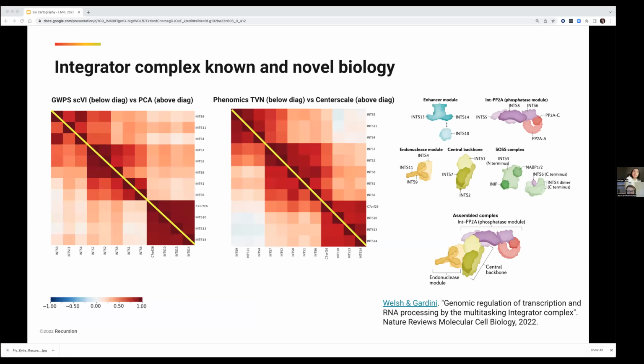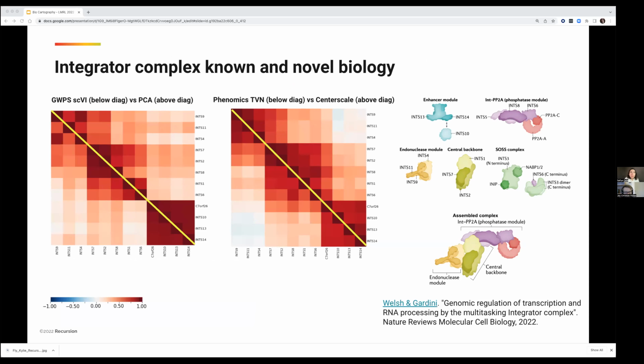Okay, so as another example, and maybe more zoomed in example of the known and novel biology identified by the benchmarked EFR pipelines here, we examined the cosine similarity structure for the integrator complex, which was also explored in the genome-wide perturb-seq paper that we used data from here.